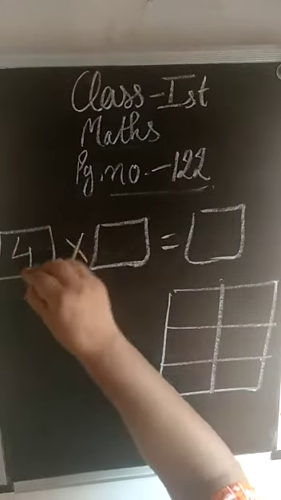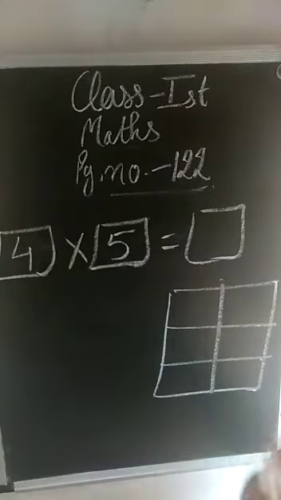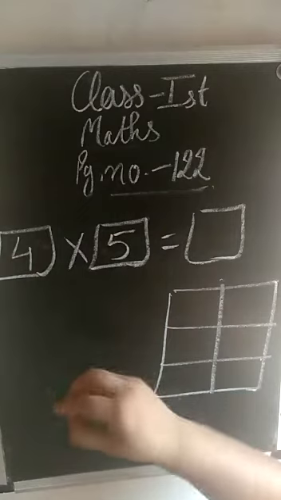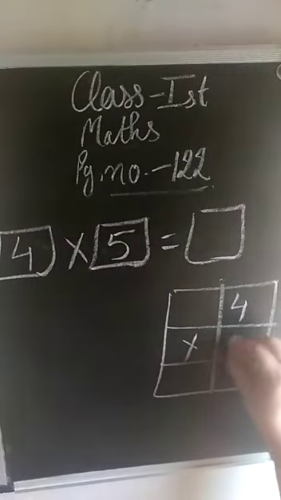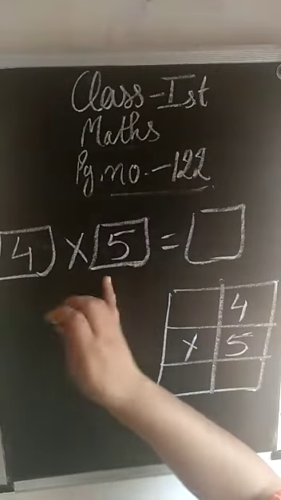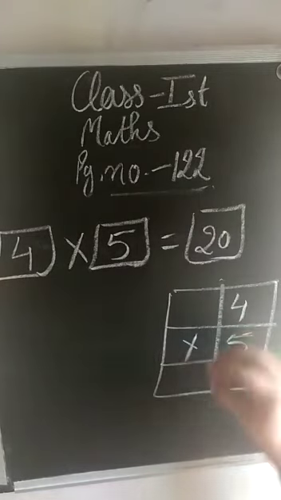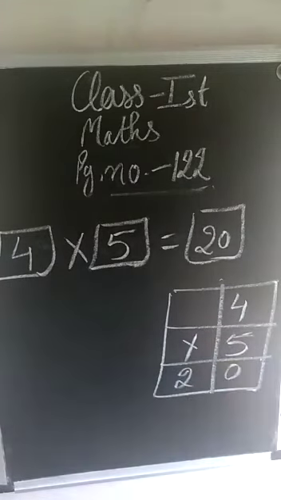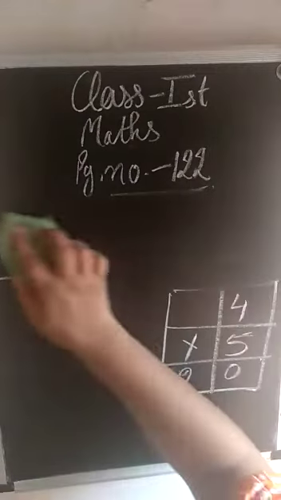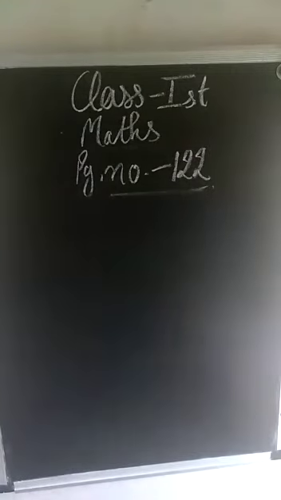Number of teams are 4 and number of children in one team is 5. That means we will multiply the given 2 numbers. 4 5s are 20. In this way we will solve the whole exercise. For this we are supposed to understand the given statement first.